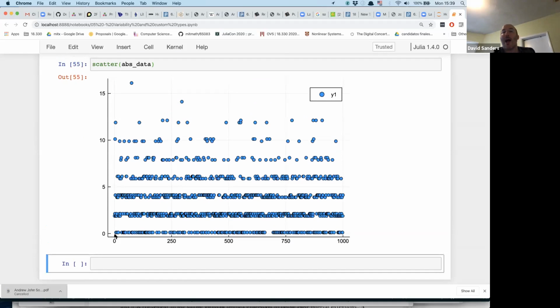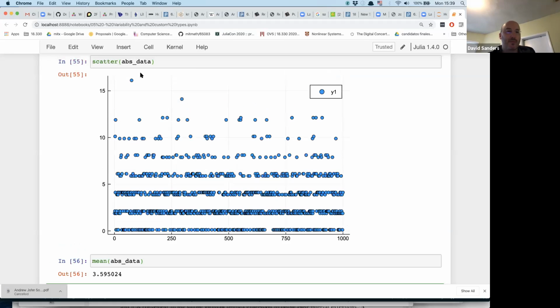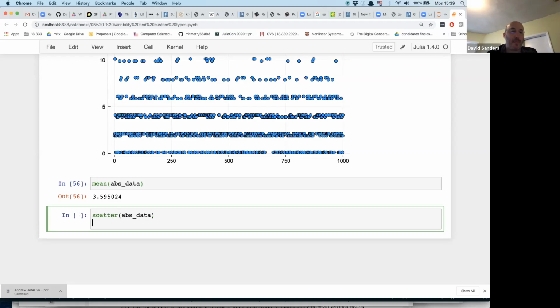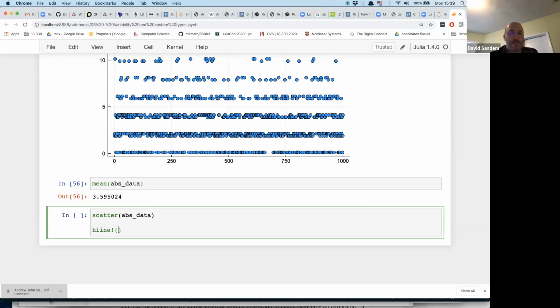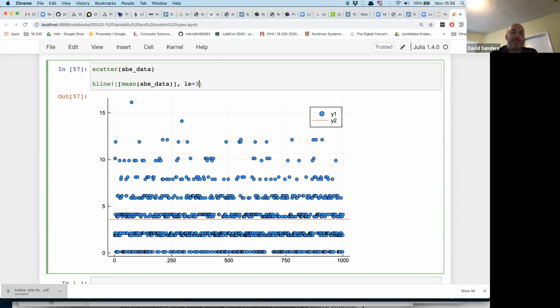And so now I am close to being able to say, how far away am I? Well, I could take the mean of this data, right? So I'm going to take mean of abs data. That gives me 3.59. Let's plot that, mean of abs data, and color equals purple.